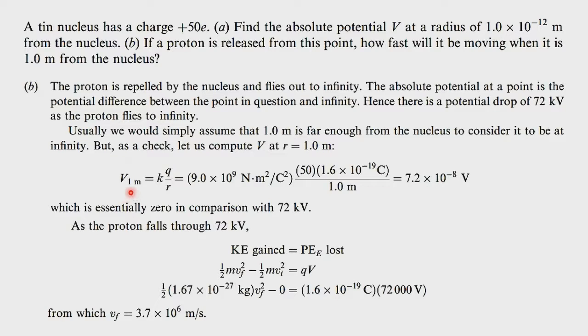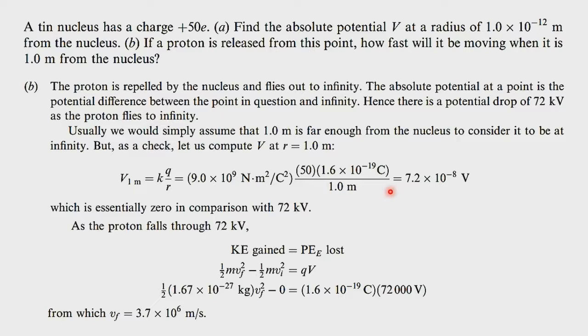And so the formula is still the same. Our absolute potential V at 1 meter is equal to K times Q over R. K is the same constant, 9 times 10 to the power of 9 newton meter squared per coulomb squared. Our Q is also the same, 50 of those elementary particles, which is 1.6 times 10 to the minus 19 coulomb, divided by 1 meter as our infinity value.